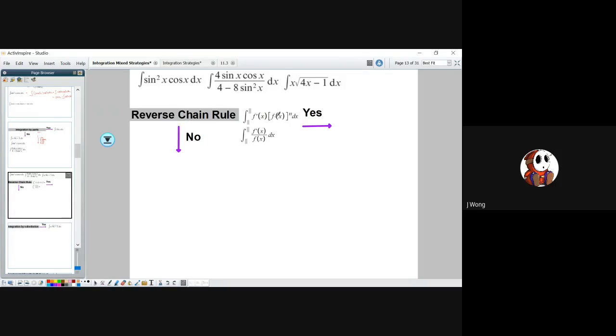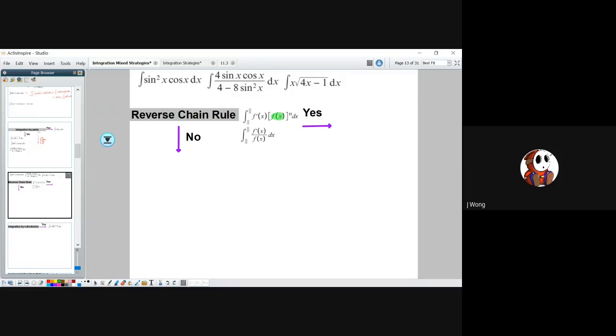The product form one will be to the power of n. If I would like to use reverse chain rule, I need to identify which one is f of x, which is either the entire bottom part or within a power, and see if the next part is just f dash of x.